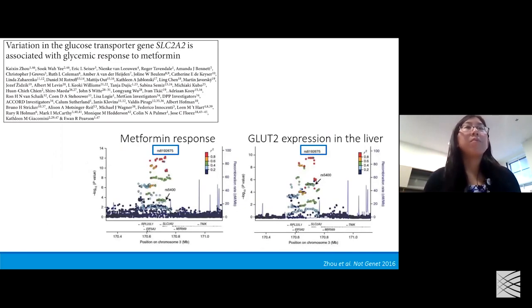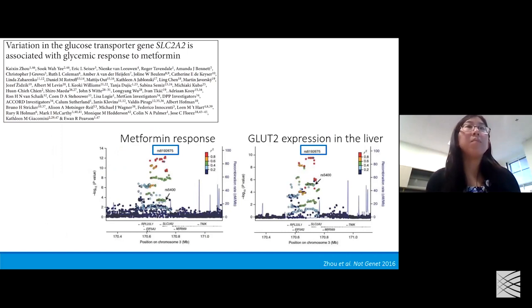And so candidate gene studies have been done to evaluate for predictors of metformin response, as well as genome-wide association studies. And so this is a GWAS meta-analysis of 10,000 participants with a harmonized measure of metformin response, so looking at change in hemoglobin A1C.